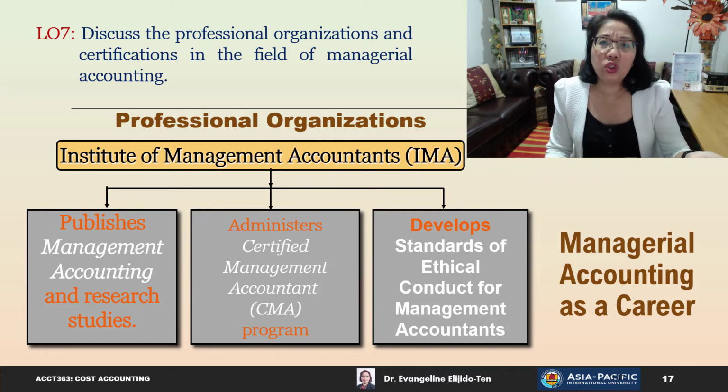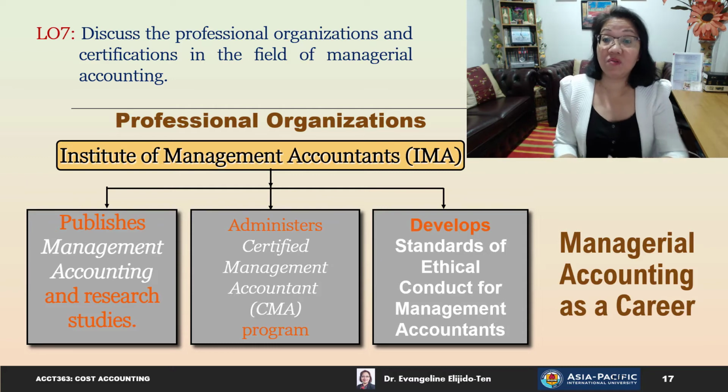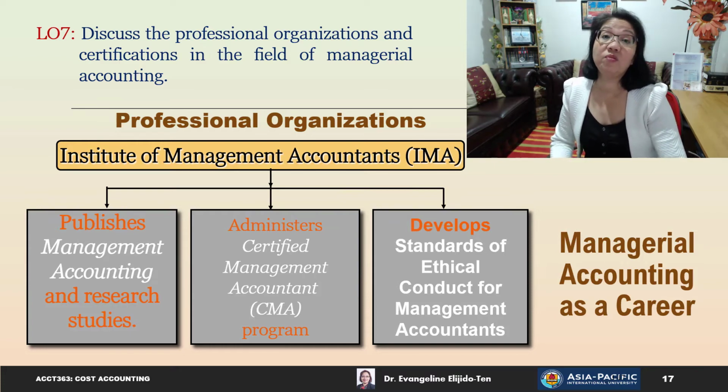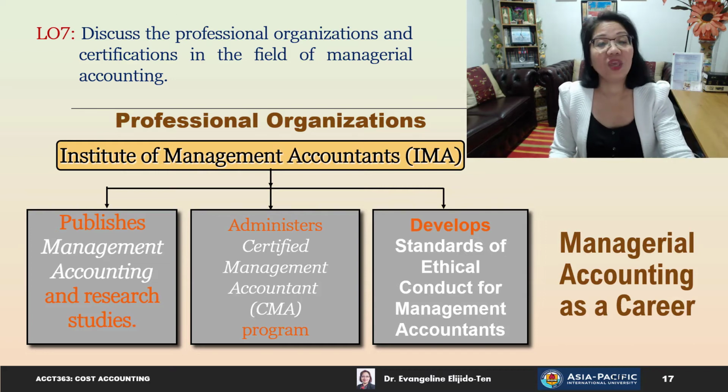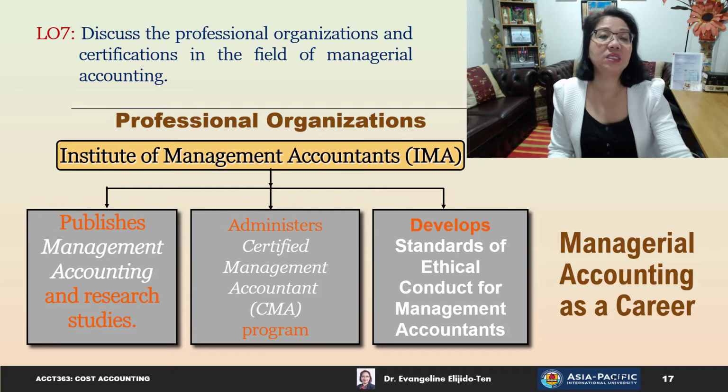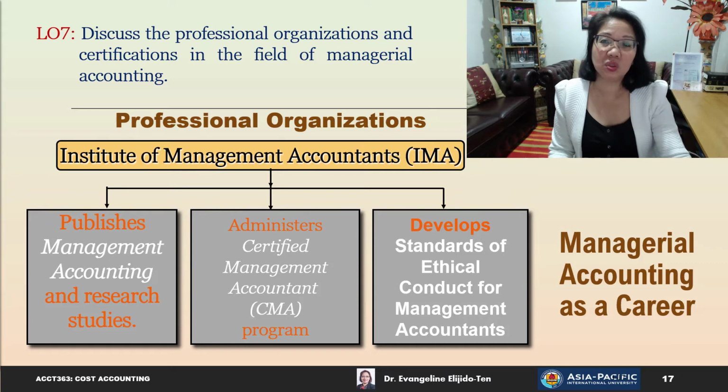Now, why would you bother, for example, to be a member of IMA? Well, one study conducted of practicing managerial accountants in the United States showed that professionals with a certification, at least a member of the professional organization, actually earn almost 50% more in average total compensation compared to their non-certified counterparts, those management accountants that are not part of the professional organization.